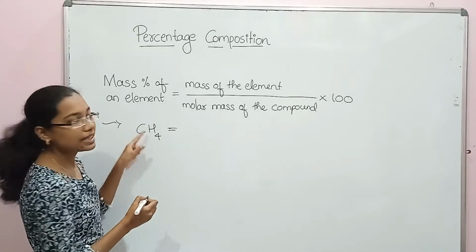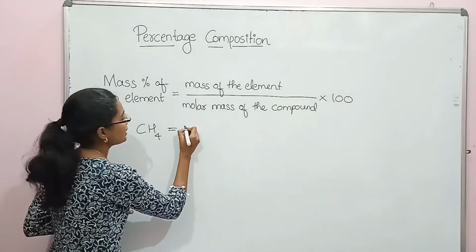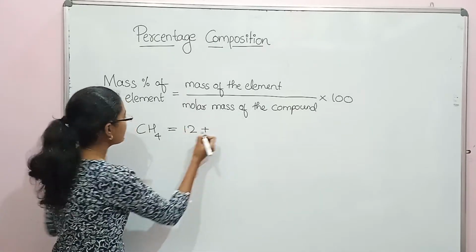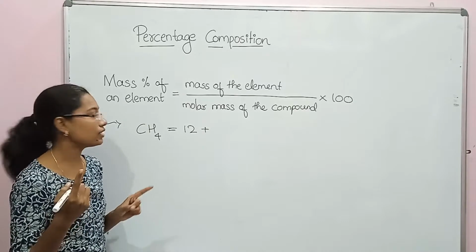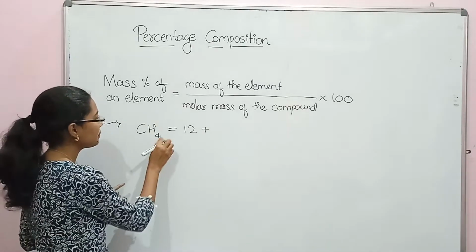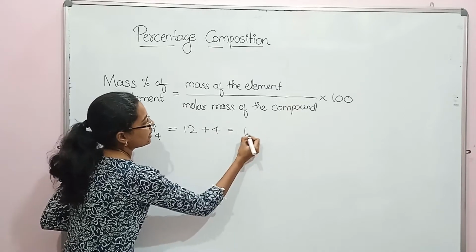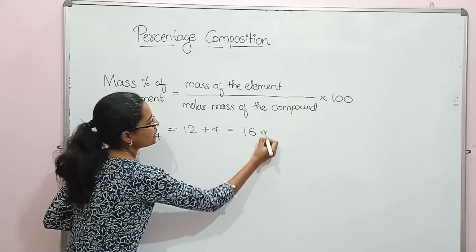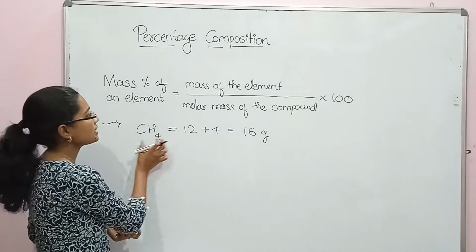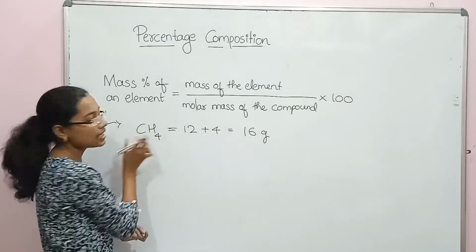We have the atomic mass of carbon, that is 12, plus hydrogen. The atomic mass of hydrogen is 1, multiplied by 4, we get 4, so the total is 16 grams. Okay, this is the molar mass of CH4.